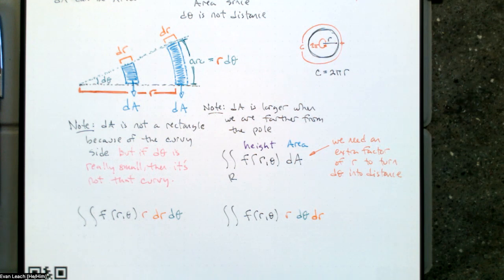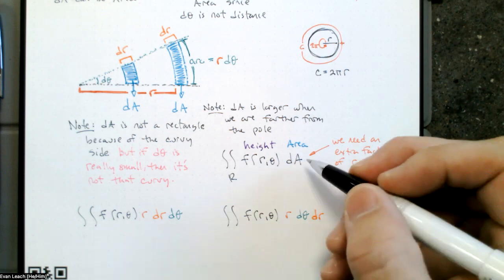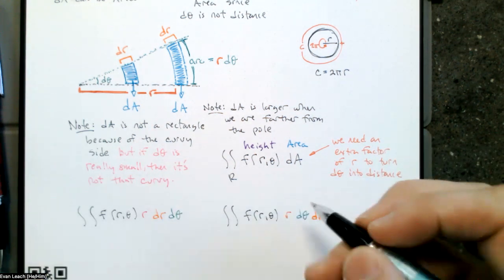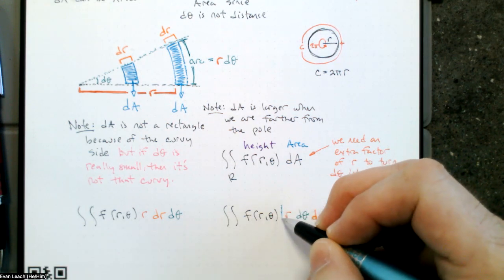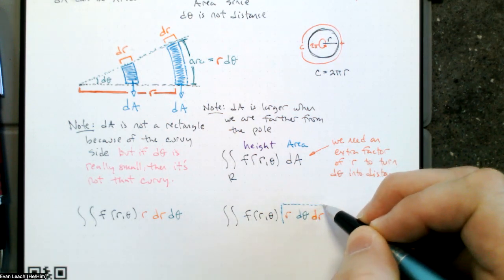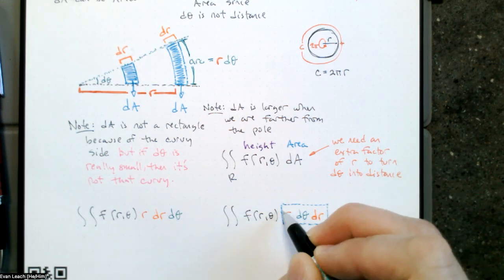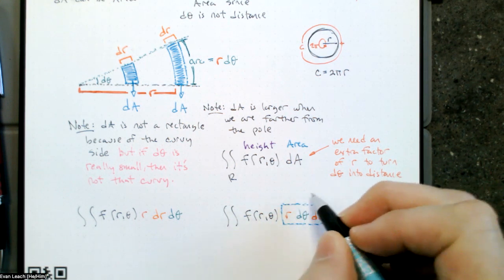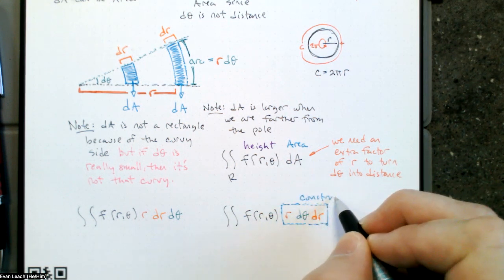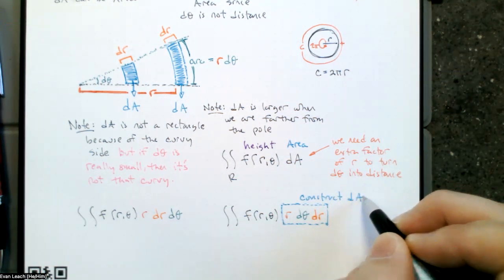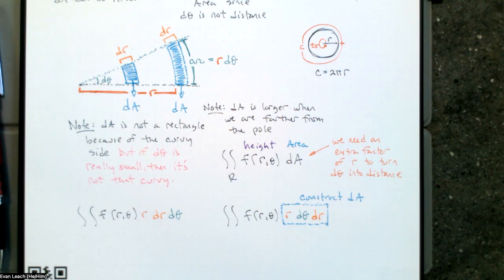So r in the construction is part of the dA, but when it comes to integrating, that's still a factor of r. It gets integrated along with the function. So in construction, the r goes with the area. That's how we're thinking of it in the construction.